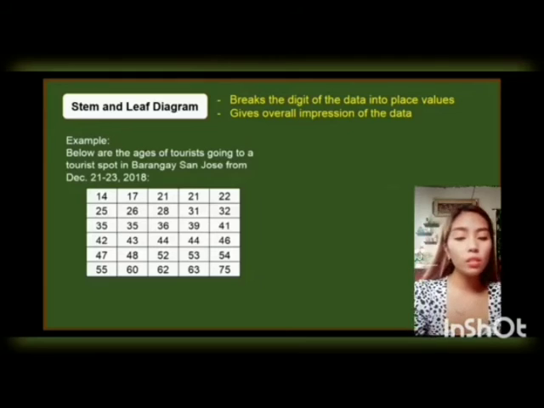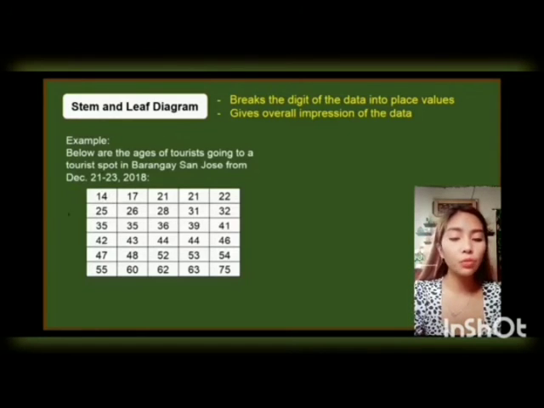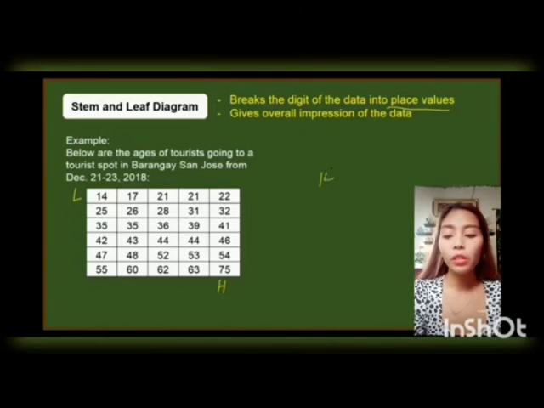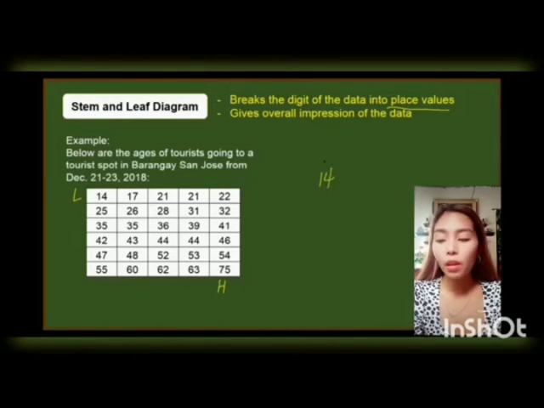As you may notice, these data are already arranged from the lowest value, which is 14, to the highest value, which is 75. As I've mentioned, we have to be familiar again with the place values of different digits. Say, for example, we have 14. What we're going to do is break it apart.